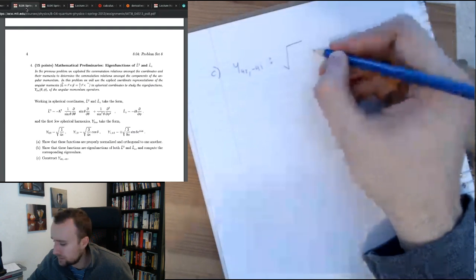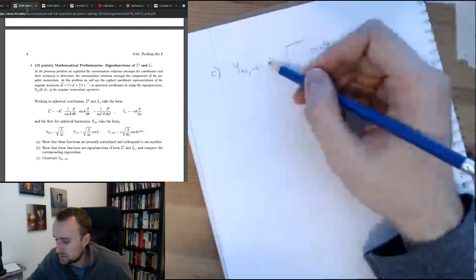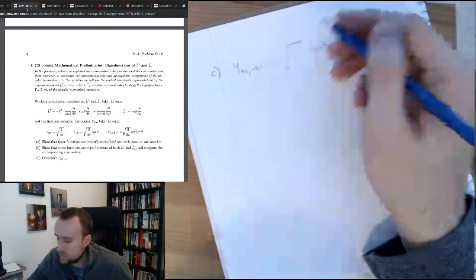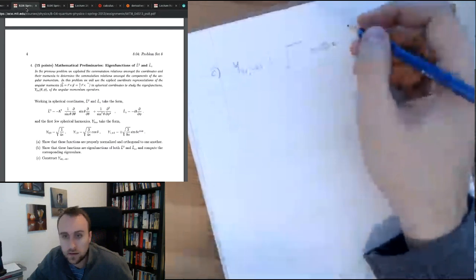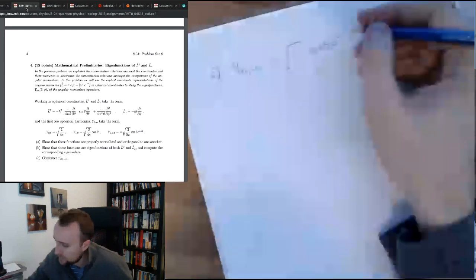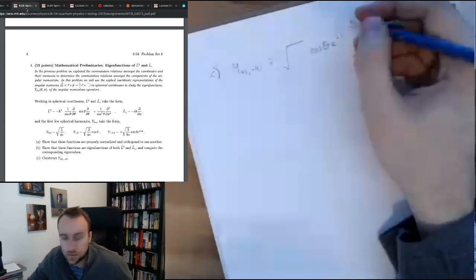I would say we're going to have cosine theta because this is odd overall. And then it's going to be e to the minus i, and we're going to have 41.